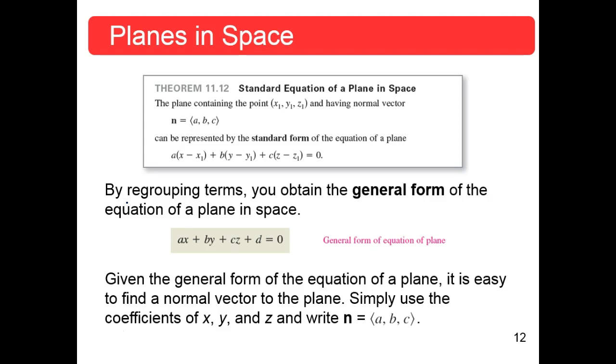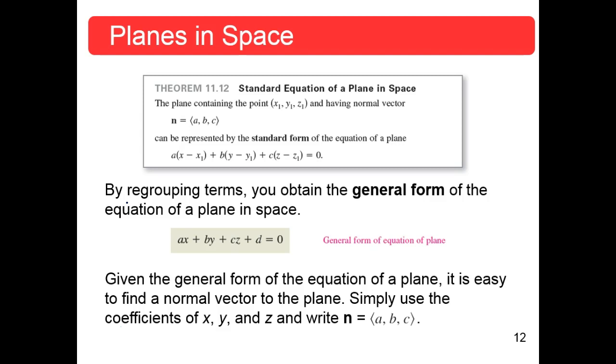And add the three numbers together, that gives you a D. So you have AX plus BY plus CZ plus whatever the sum of those three products were. That's your D. That's equal to 0. And actually, another way you'll see this sometimes is AX plus BY plus CZ is equal to minus D. That's on the other side. You can write it that way.